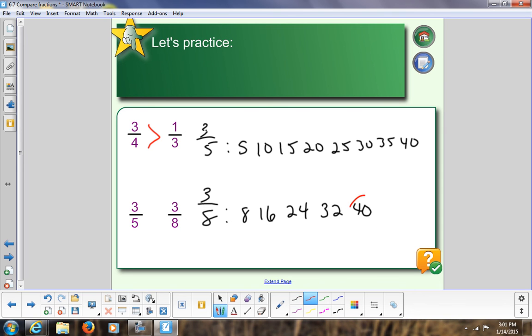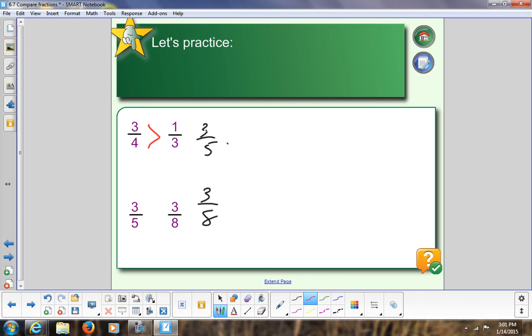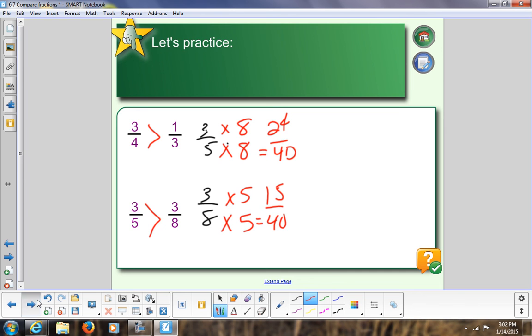So there we've got a common multiple. We know we need to go to 40. 5 times what equals 40? 8. Do to the top what you did to the bottom. 8 times what equals 40? 5. So you do that to the top. Which one's bigger? 24 is bigger than 15. So 3/5 is bigger than 3/8.